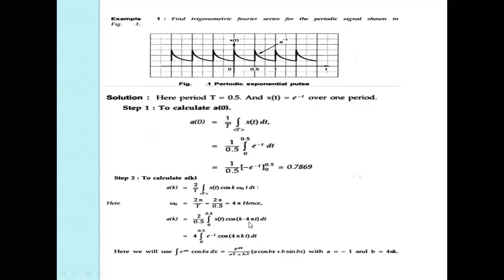What is the b? 4 pi k whole square, and whole multiply a into cos bx plus b into sin bx. So what is the a here? A is -1, cos 4 pi k into t, plus b sin bx. What is the b here? 4 pi k sin 4 pi k into t.